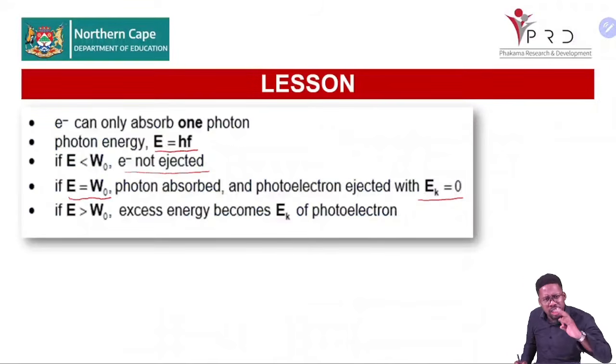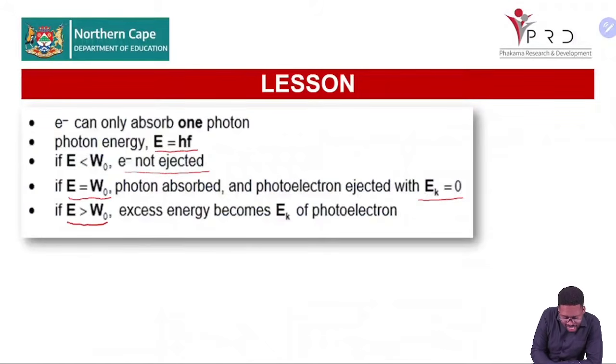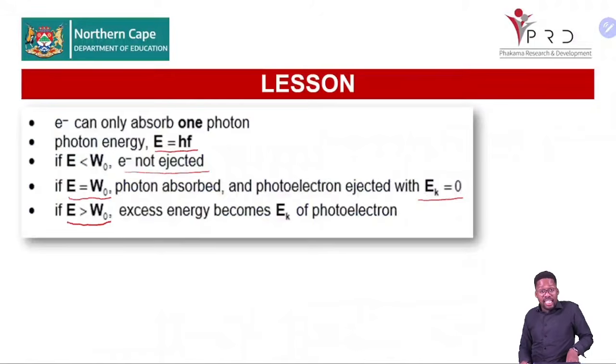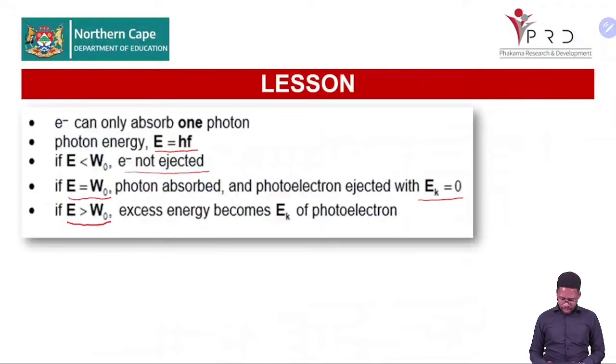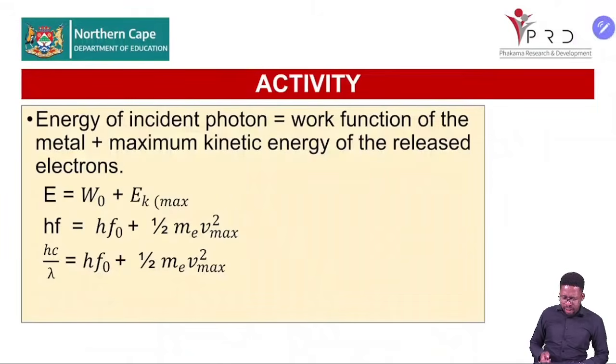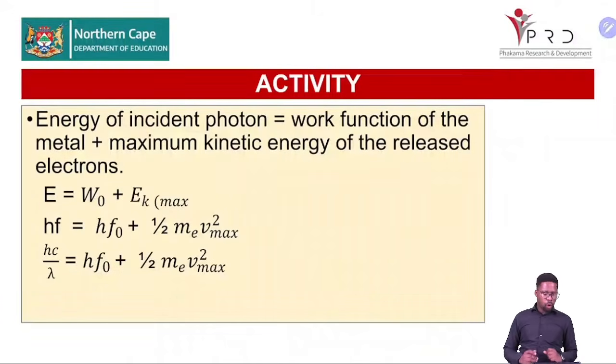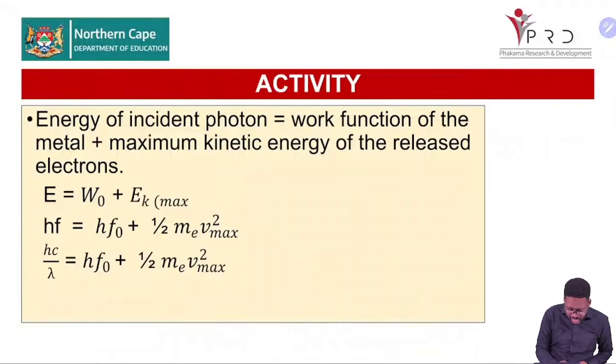Let's look at condition number 3. If the energy is greater than the work function, then we are going to have excess energy that will be absorbed by the electron. Not only will the electron be ejected, but the electron will have maximum kinetic energy. So that is why we ended up having the formula for the photoelectric effect as energy is equal to work function plus EK max.